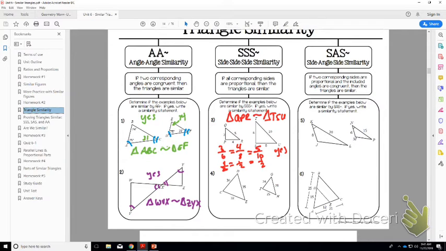And let's look at 4. Let's start with the 30. What does 30 correspond to? 24. 32 corresponds to 25, and then 35 to 28.